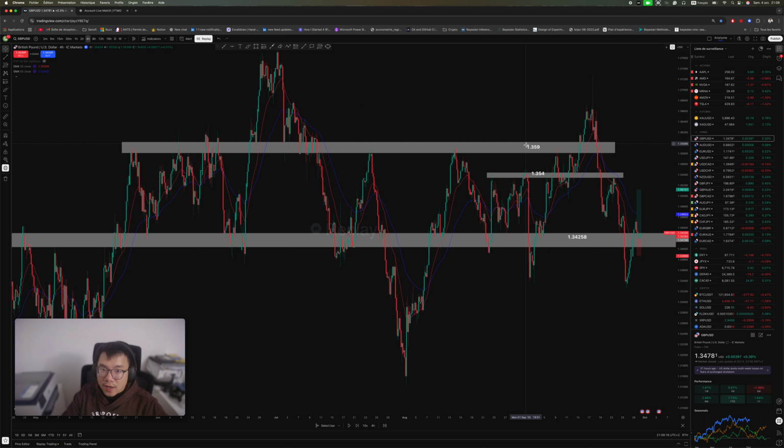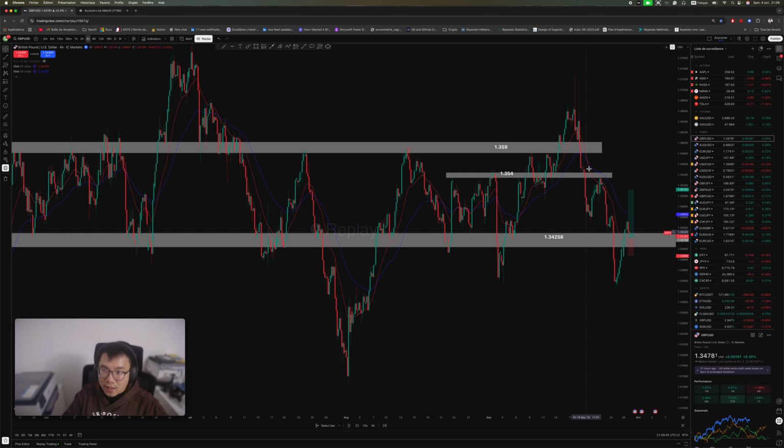So I just put out the key levels. The first one is the key resistance here, 1.359. Another one here, the intermediate structure, 1.354, and the key support level, 1.3425, something like that.